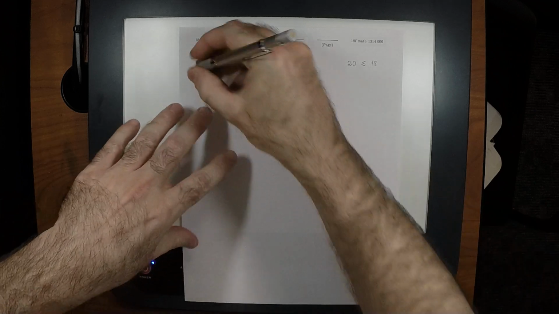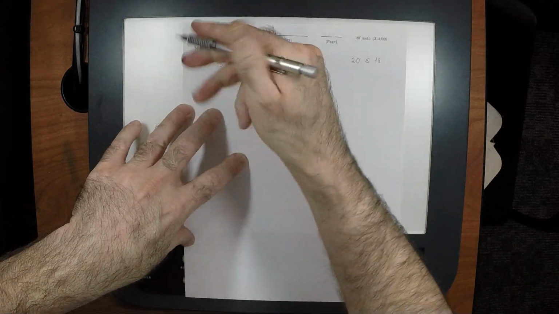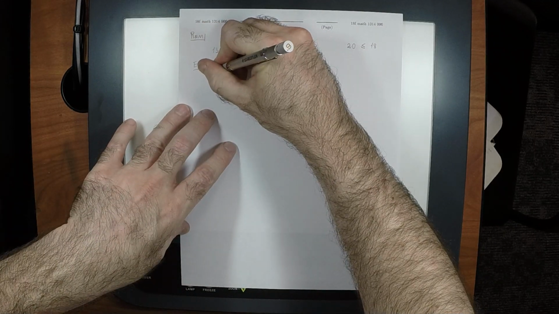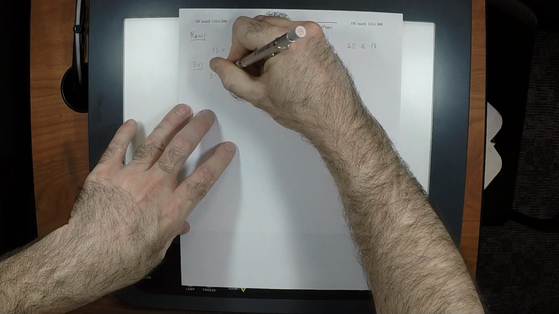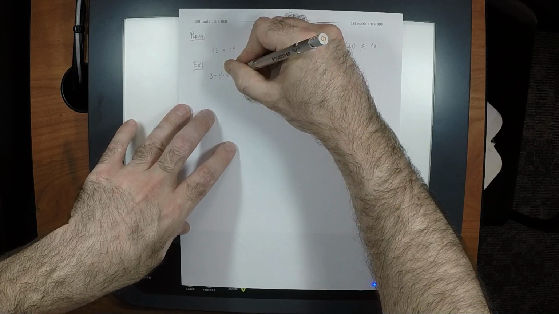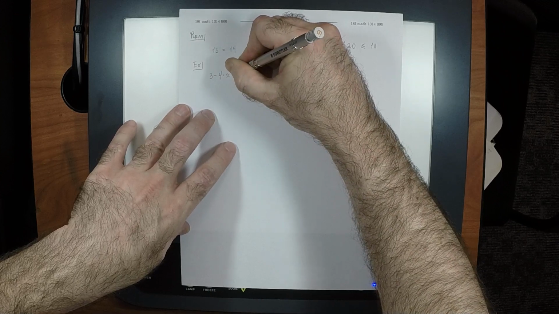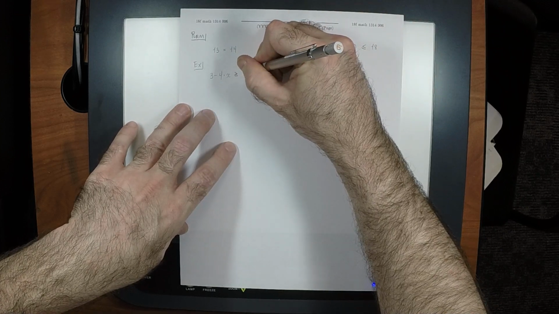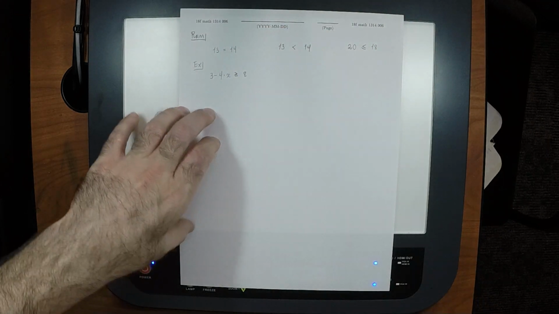Okay, so just as a very simple example, just to make sure you've seen it in action at least once, we could do, how about 3 minus 4x is greater or equal to, I don't know, 8.